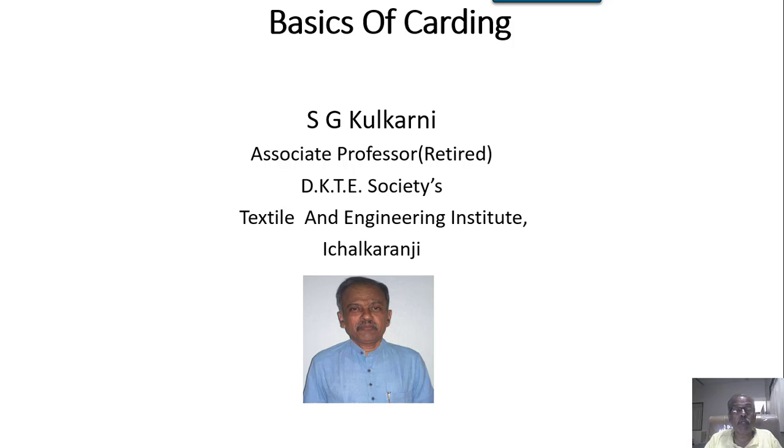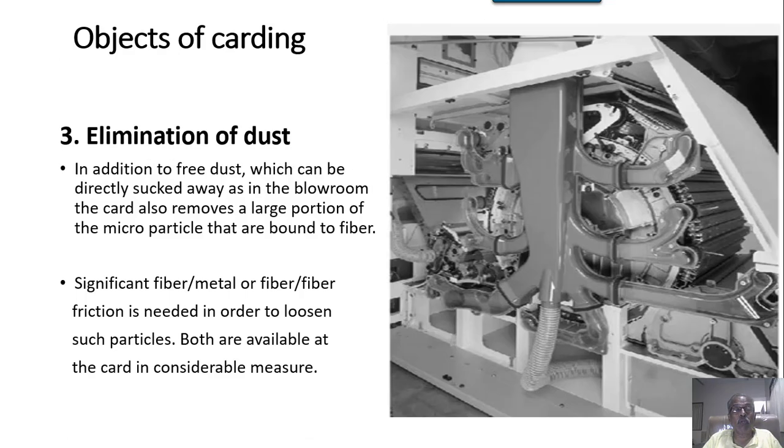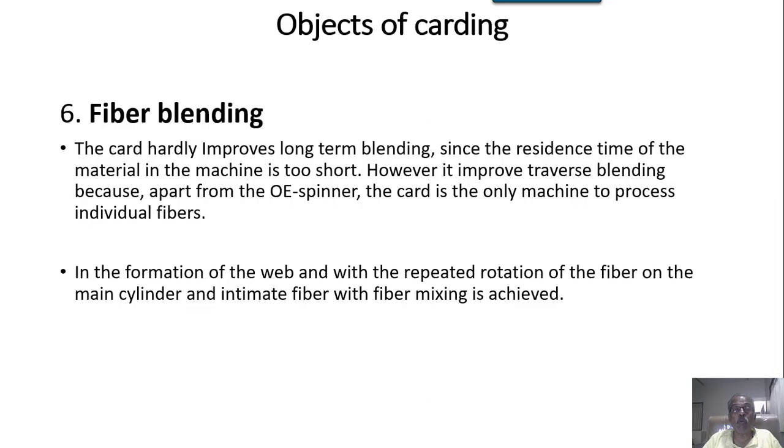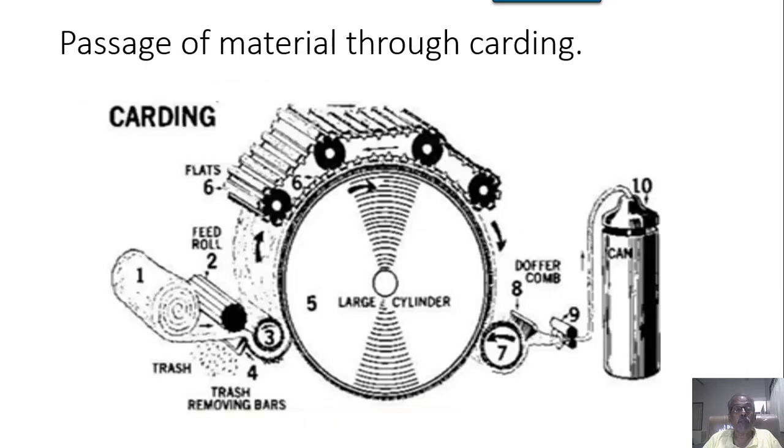Now we will start in this presentation where we have left. So we'll go directly to the passage of carding machine. Passage of material through card, the various aspects in this we had already discussed. So let's move ahead now.